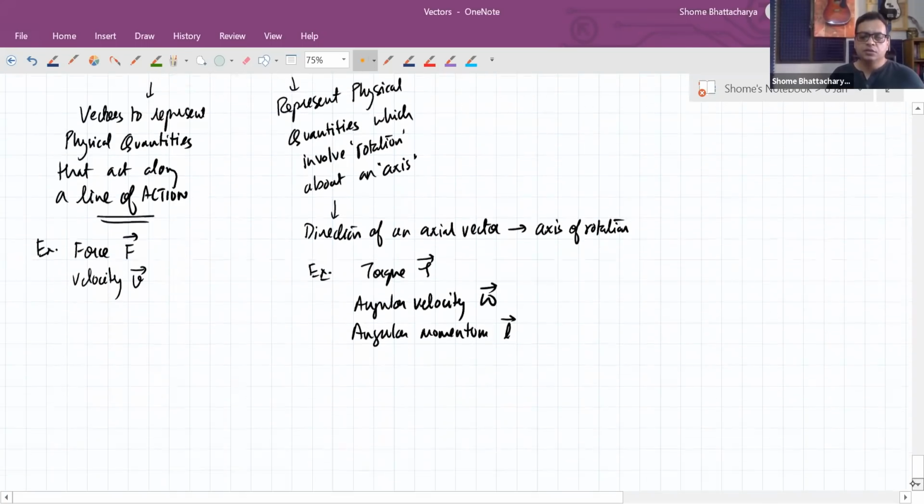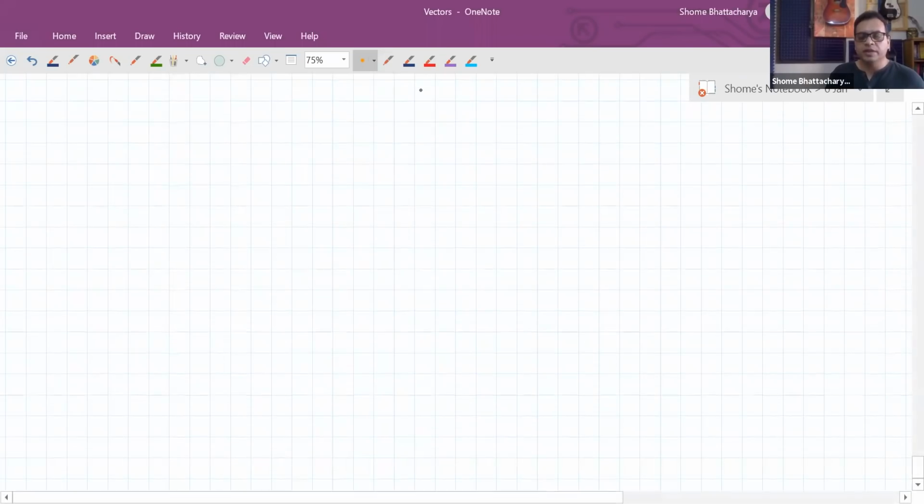Having understood all this about vectors, their representation and their types, now let us come to the next aspect of vectors, which is vector algebra, or mathematical operations of vectors.